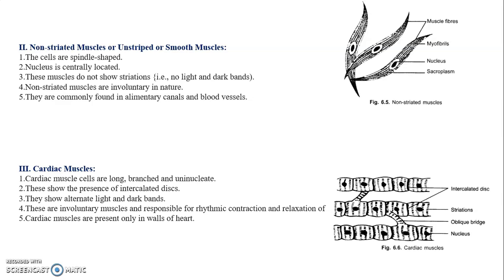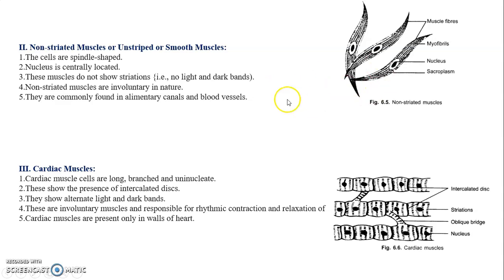Non-striated muscles are involuntary in nature. You cannot move the smooth muscles, which are basically the major muscle fibers of our internal organs, with your willpower. Although they work under your brain activity, they are not obedient to your will. That's why they are involuntary in nature, and they are commonly found in alimentary canals, blood vessels and many more internal organs within our body.